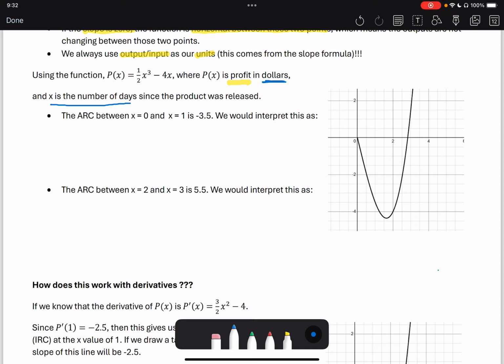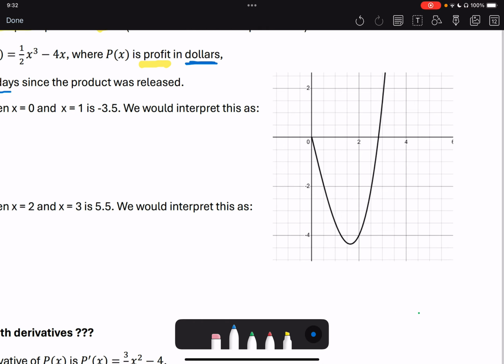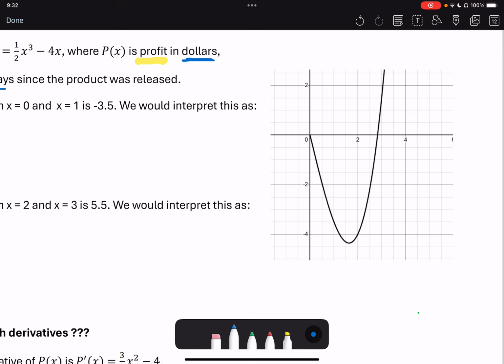So what we're going to do first is look at our graph over here. Let me see if it'll let me zoom in. An X value of 0, I'm right here on the graph. And then an X value of 1, here's 1, I'll mark that there. That's halfway between 0 and 2, obviously, and I'm at that spot on the graph.